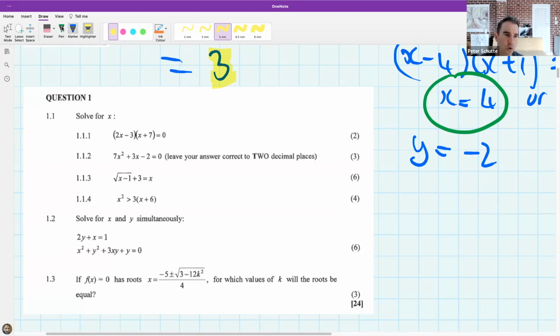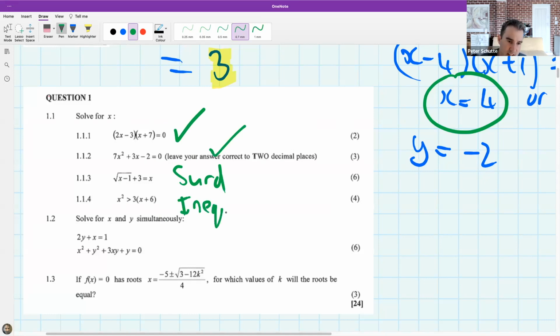So for me, question 1 looks quite the same. Question 2 looks quite the same. That's the quadratic, you have to use the formula. This is what we call a surd equation. You can see the surd hanging out there, which we're going to talk about in the next lesson. This is an inequality question. This is a simultaneous question.